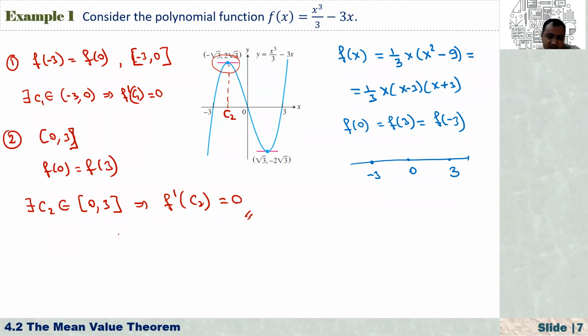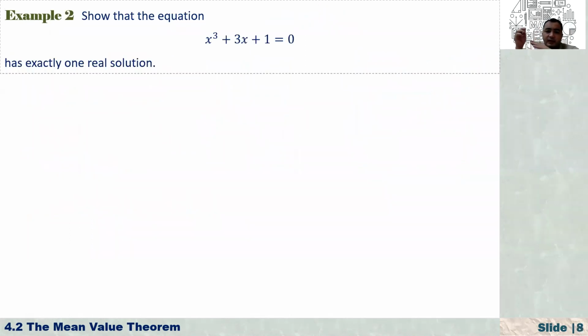Simply, over the interval from negative 3 to 0 there's one turning point, and from 0 to 3 there's one turning point. The function has turning points without finding them. Now, if we know that, then we can look for that value.